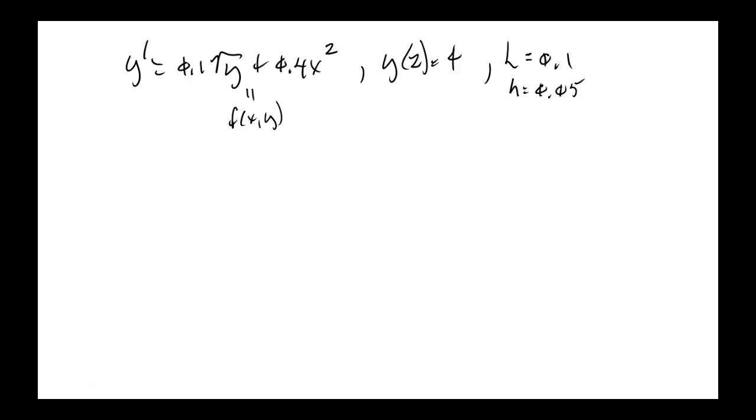So our recursive relation is y sub n+1 is equal to y sub n plus h times f, which is 0.1 times the square root of y sub n plus 0.4 times x sub n squared.